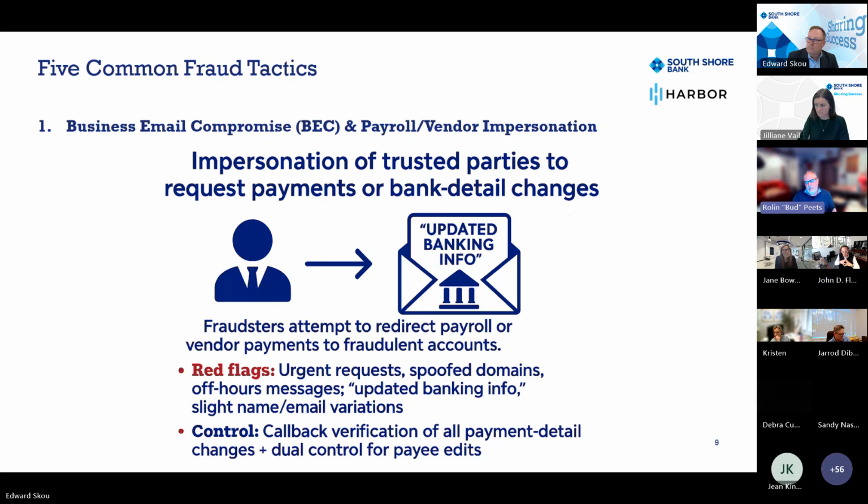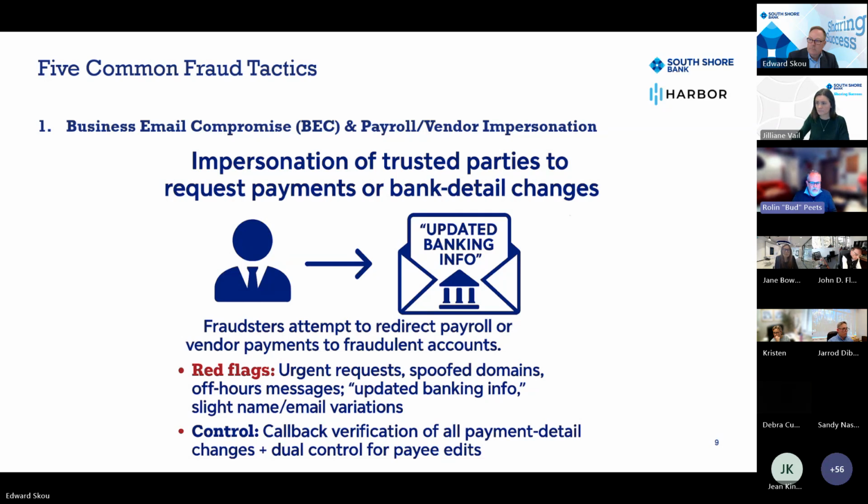But the red flags are similar to what you would see in email: an urgent request. The threat actor may create a similar domain and email address to try to spoof it, to fool you. They may send information off hours. Just really difficult.